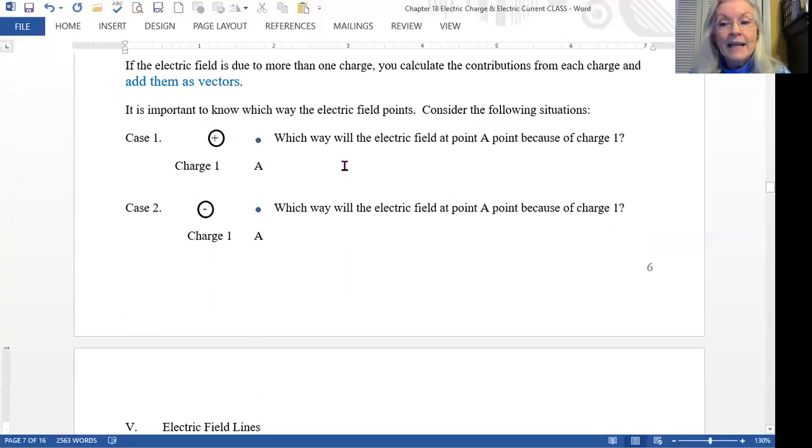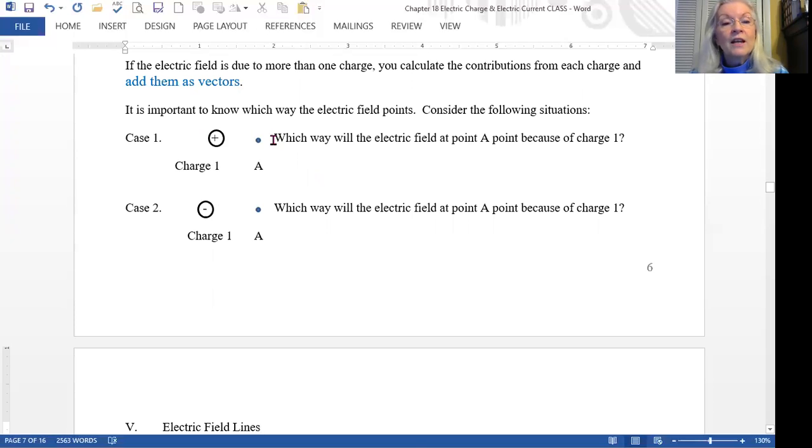We're going to pretend that we have our positive test charge at point A. And so to decide the direction of the electric field, we have to ask ourselves, which way would a positive test charge move if it were at point A and it encountered charge 1 at some distance? And so to find the direction, all we have to know is, is charge 1 positive or negative?